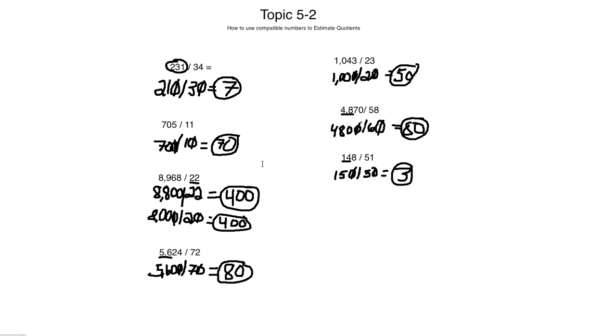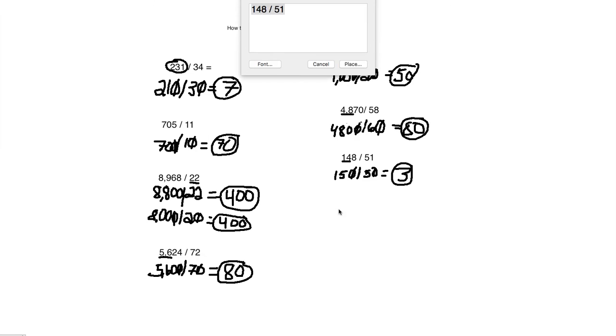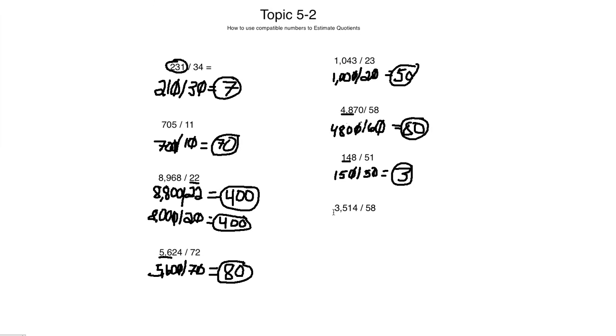Let's try one more. All right, so we have 3,514 divided by 58. All right. Press the stop button and see if you come out with the same estimated quotient. All right, so we look at 58, and I'm going to estimate that to 60.